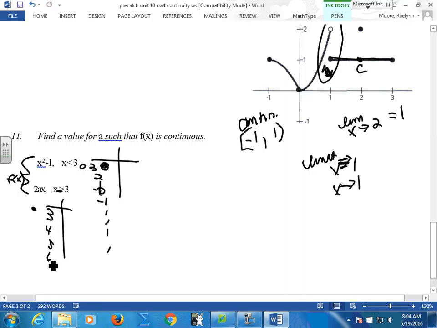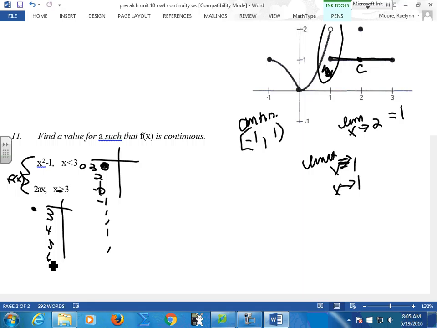For this to be continuous, what has to happen? What do they have to look like? My value at 3 in both equations has to be the same or different? The same.